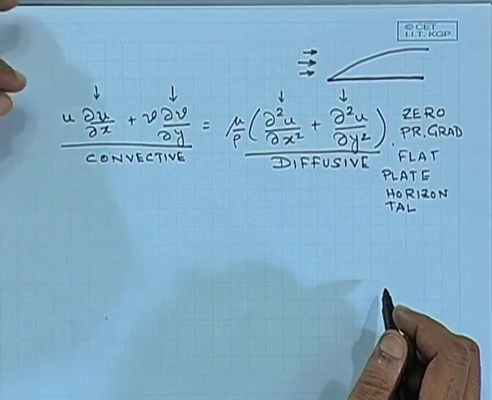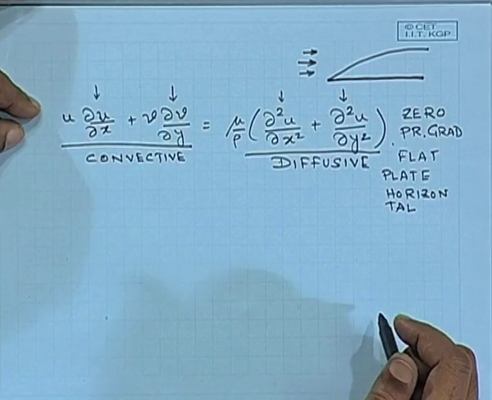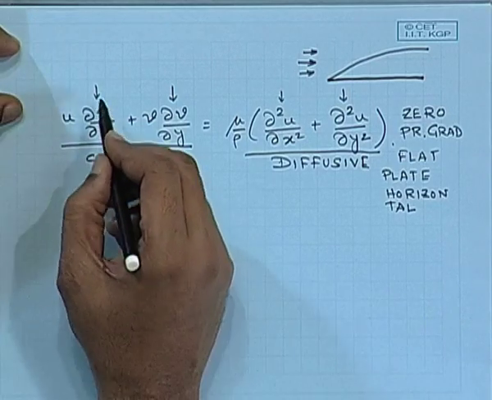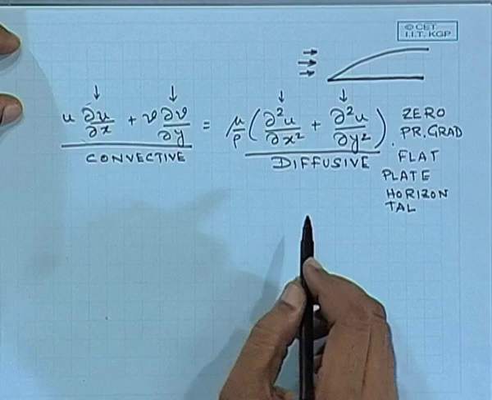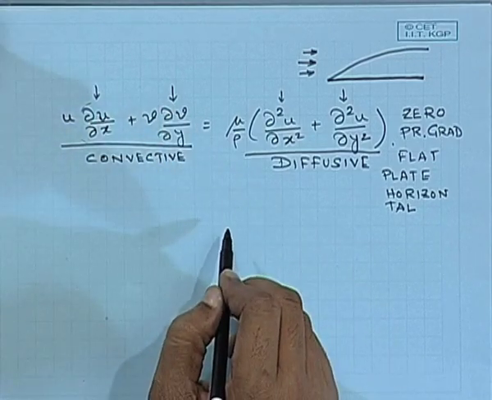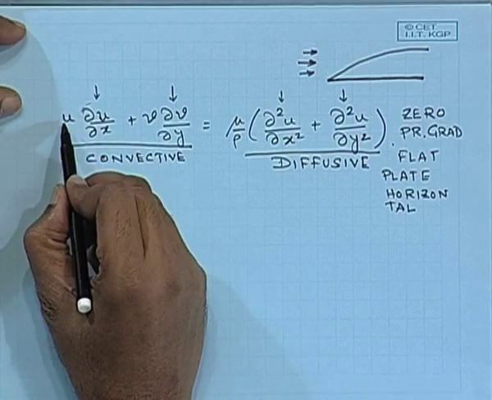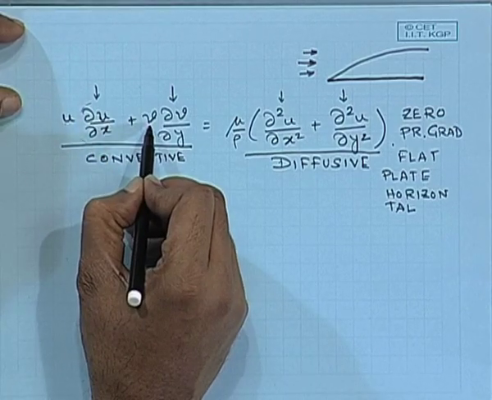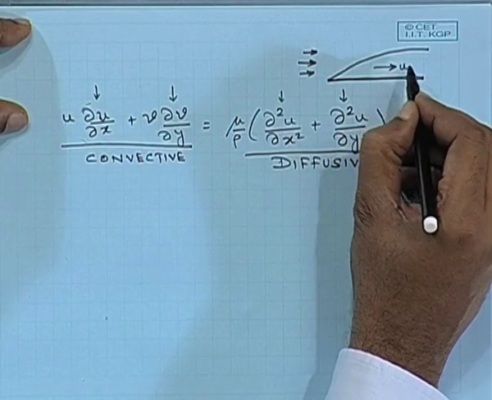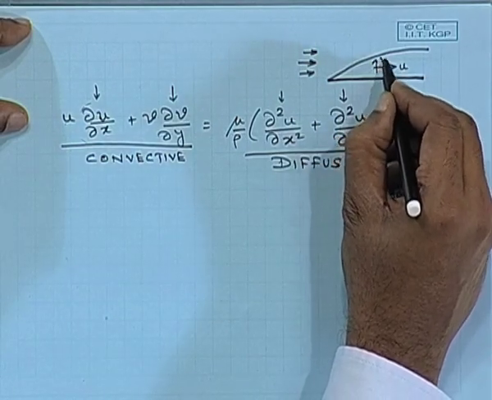So, let us see if we can simplify this system for the present case. This del u del x and del v del y, can we say something about these two terms? Can we say something about the relative magnitudes of u and v? Remember, velocity in this direction is u and in this direction is v.